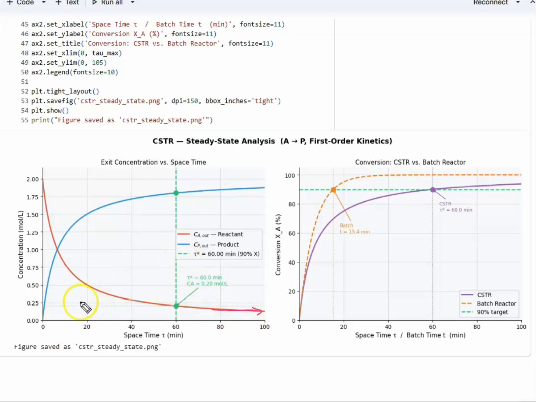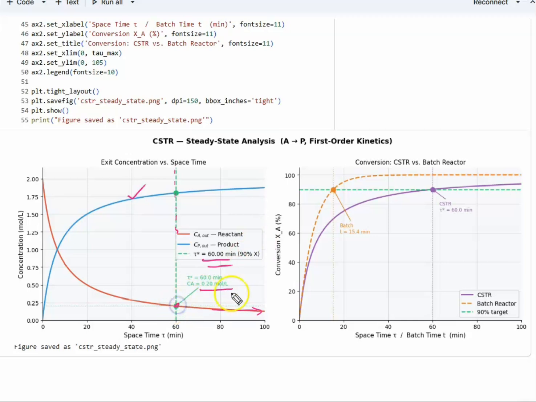The blue curve, Cp out, is the mirror image, rising from 0 as A is consumed. The green dashed line marks our design point, tau star equals 60 minutes. The annotation confirms that at this space time, Ca equals 0.20 moles per liter. That's our 90% conversion point.